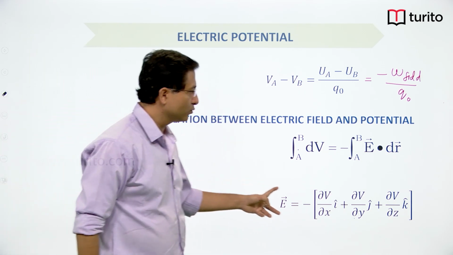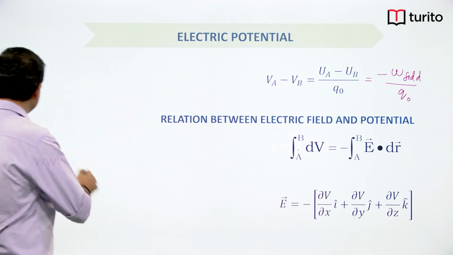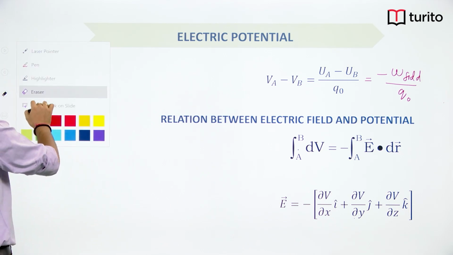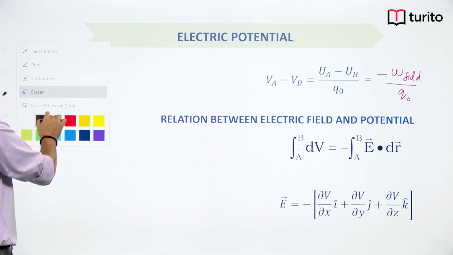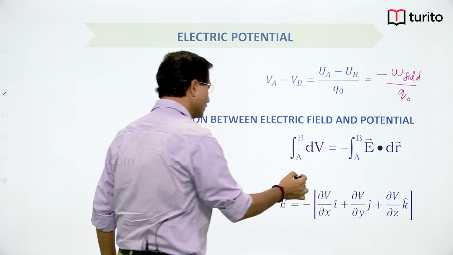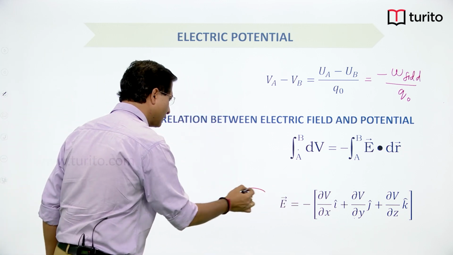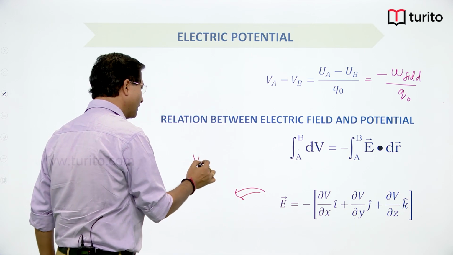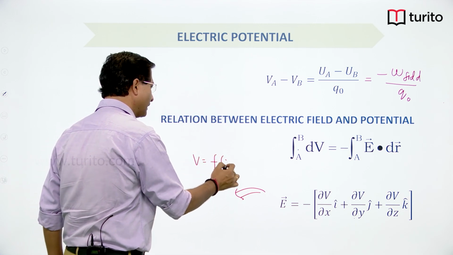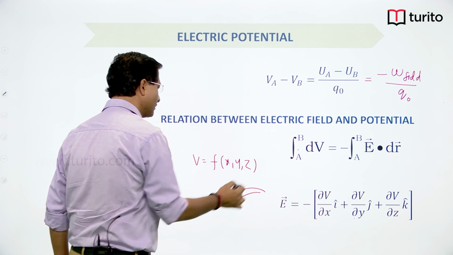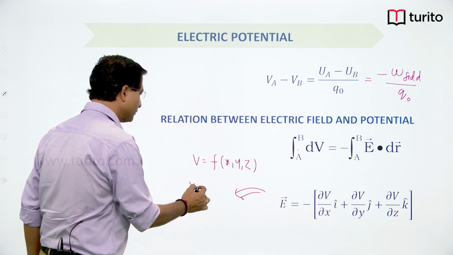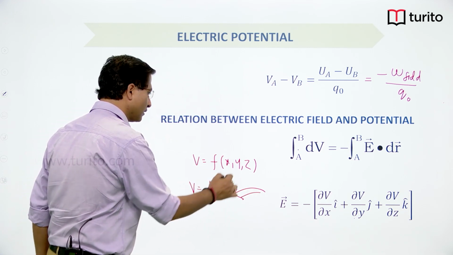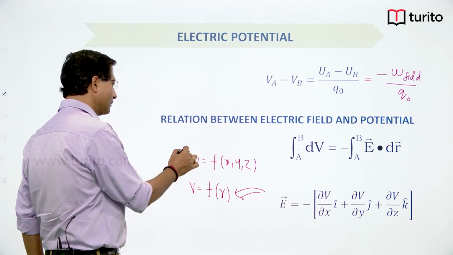So I discussed two cases for field, where I told you that V might be a function of x, y, z, or V might be a function of r, right.